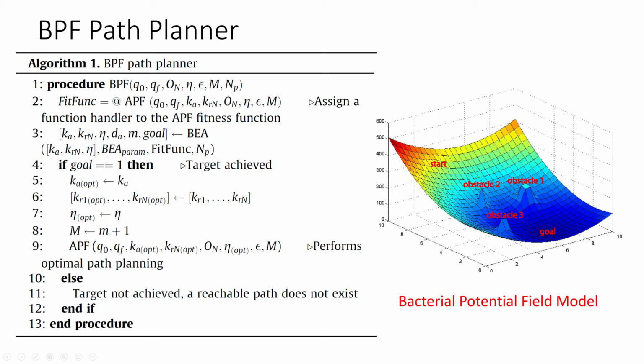If the goal hasn't been found, it means that the target has not been achieved. So it is reasonable that a reachable path does not exist, and it then returns to the main function.